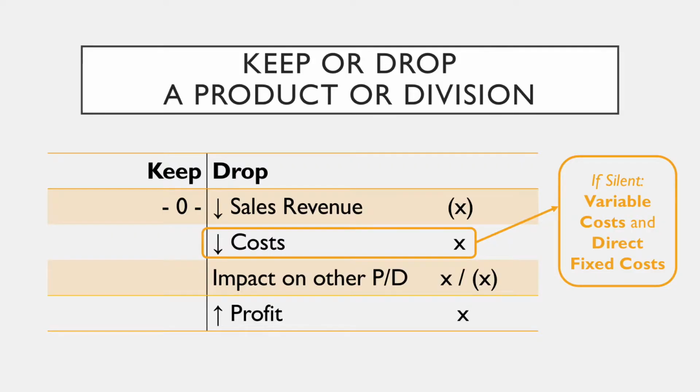Next, it will also be possible that discontinuing the product line or division will have an impact on other product lines and divisions remaining in the company. This can happen when the product being dropped is a substitute or a complement of the remaining products or divisions in the company.